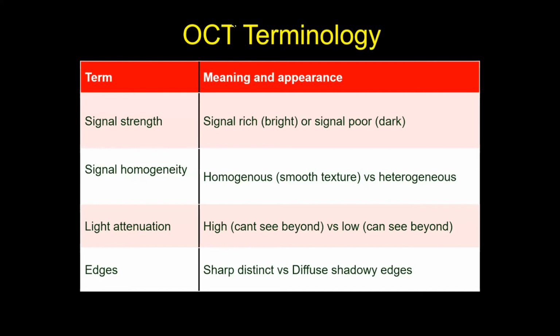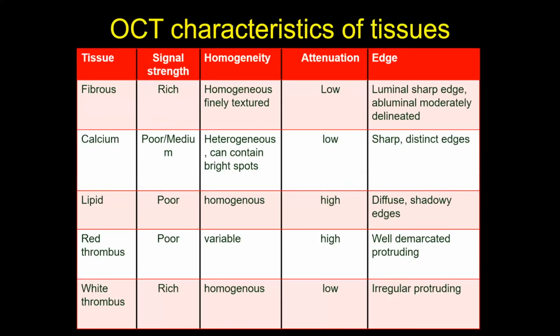And the final thing is, whatever your lesion or area of interest is, has it got a sharp, distinct border or a diffuse border? So these are the four main characteristics that are defining criteria that we use on OCT, and based on that, we can define what structure, what plaque kind we are looking at. Okay, so if you keep that in mind, I will move to the next one.